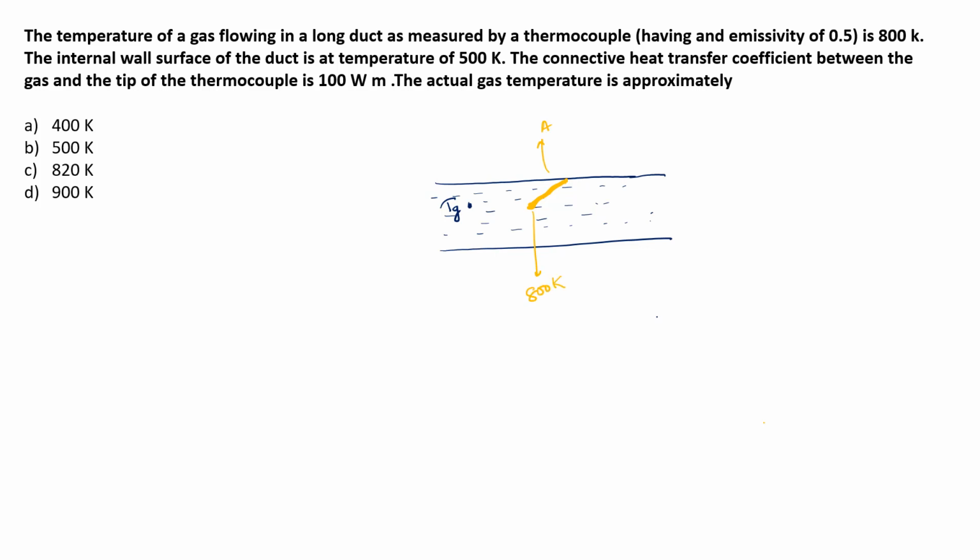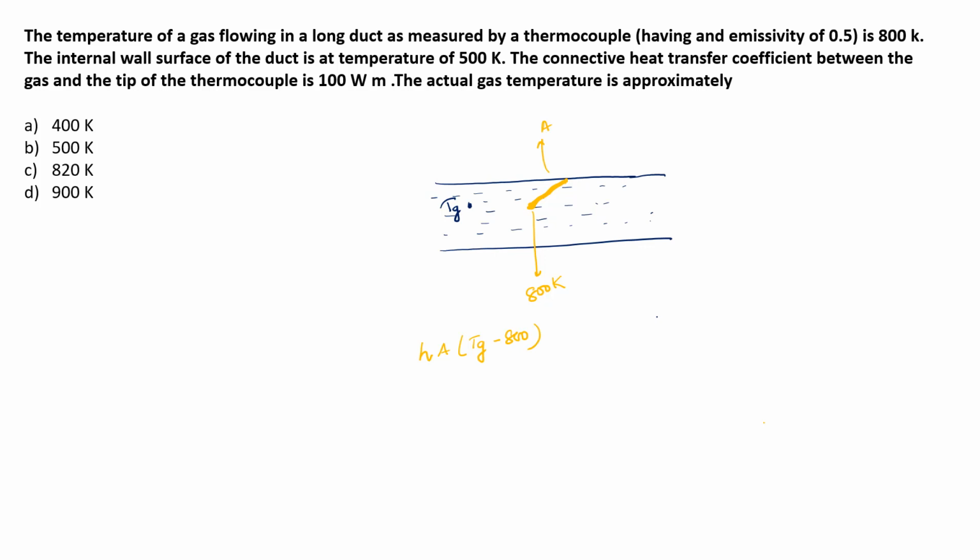Now how is the heat getting transferred? The gas transfers heat to this thermocouple through convection. So the amount of heat transferred is h into A into delta T. What is this delta T? Here it is Tg minus 800 Kelvin, because at the tip it is showing 800 Kelvin.